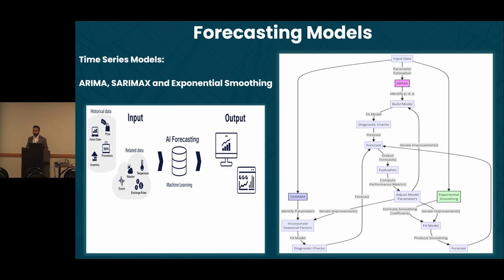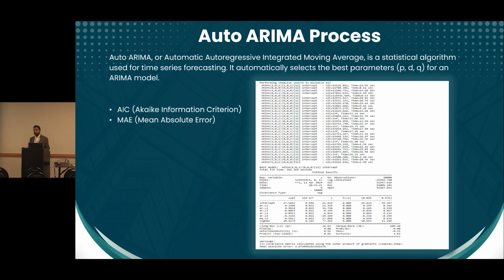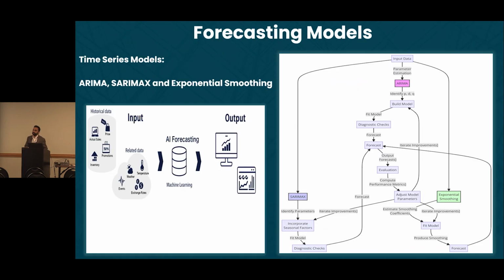Now I'm going to talk about mean absolute error in the next slide, which is a very important concept in machine learning. The mean absolute error, or MAE, is the factor which helps us identify whether the model's performance is actually good or whether I should look out for some other models.